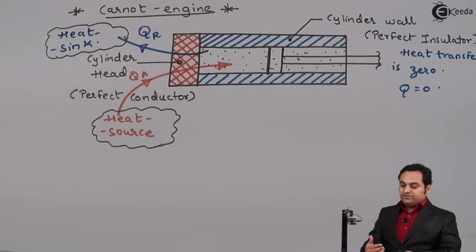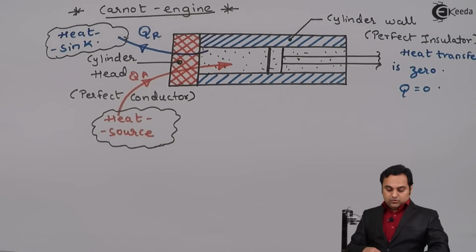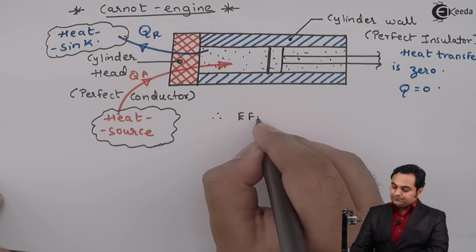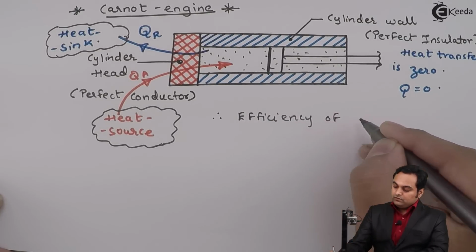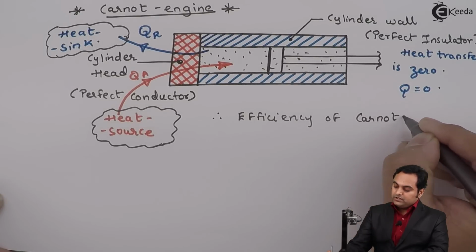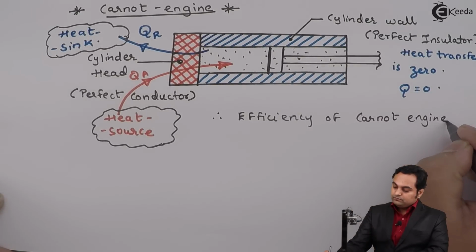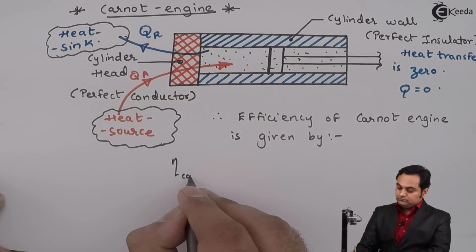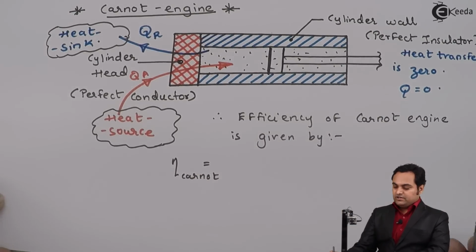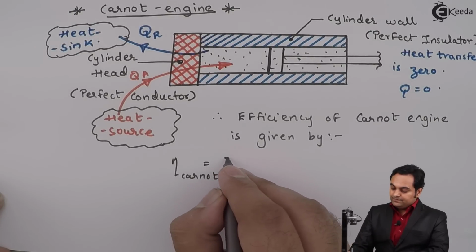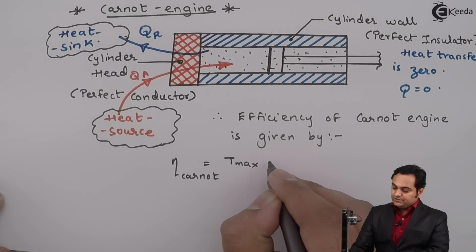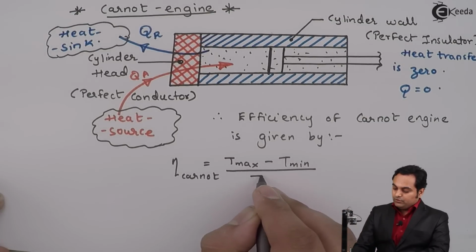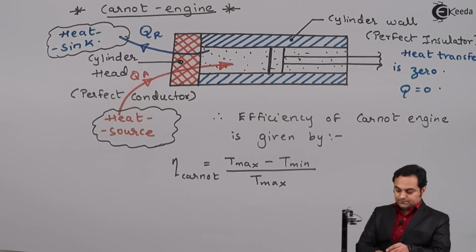Next, as we have seen, there is the Carnot engine. Now I'll write down the efficiency formula. The efficiency of the Carnot engine is given by maximum temperature minus minimum temperature upon maximum temperature.